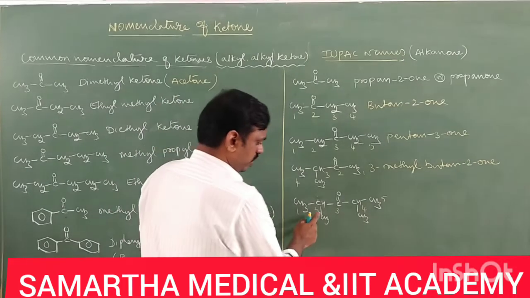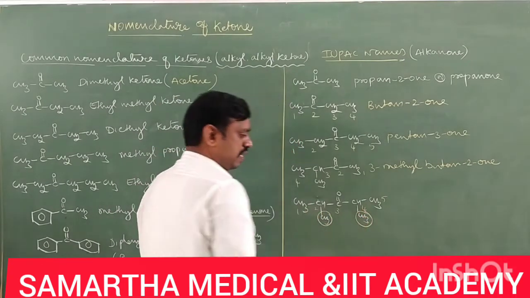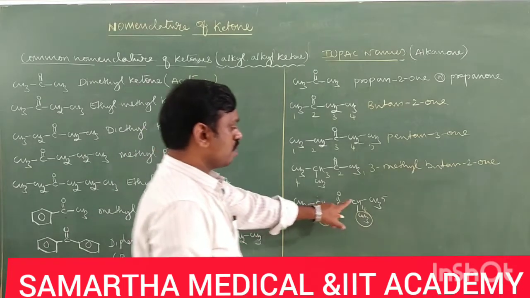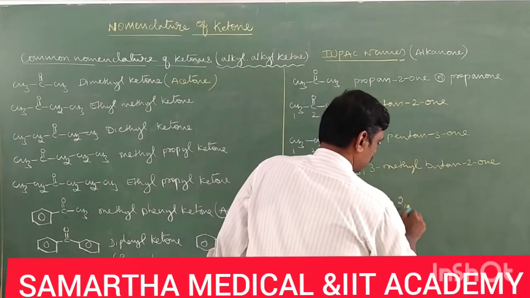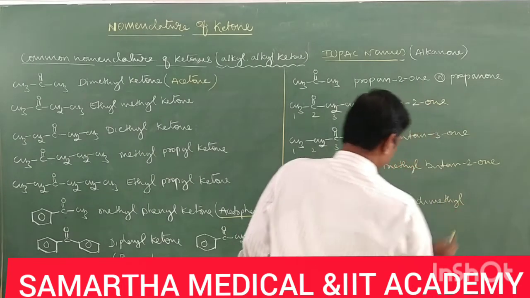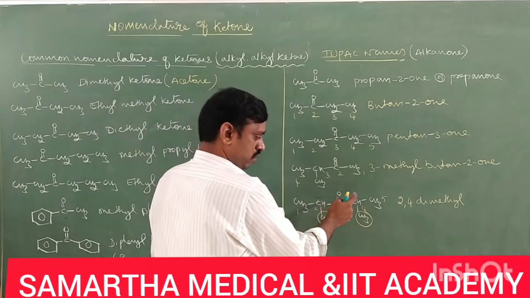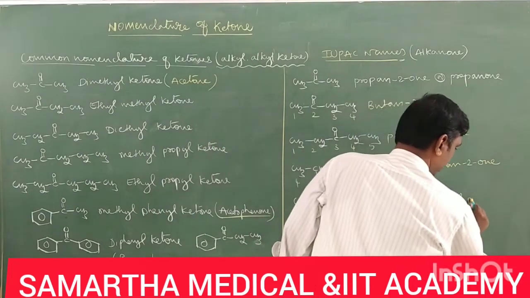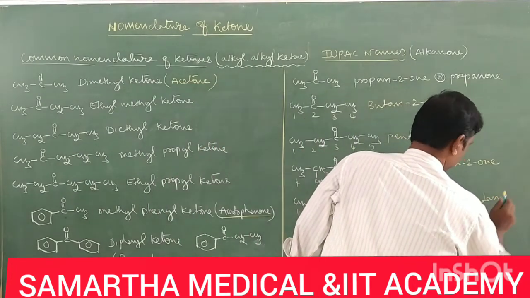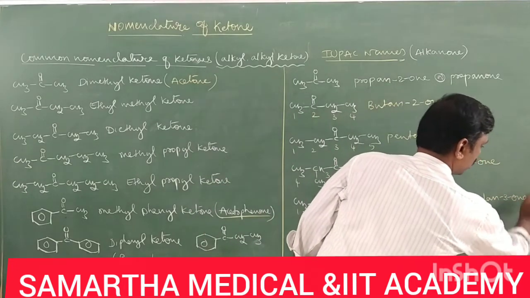Now here on the second carbon a methyl is there and on the fourth carbon a methyl is there, therefore 2,4-dimethyl. It is meth, eth, prop, pentane, on the third carbon one, so pentane-3-one.